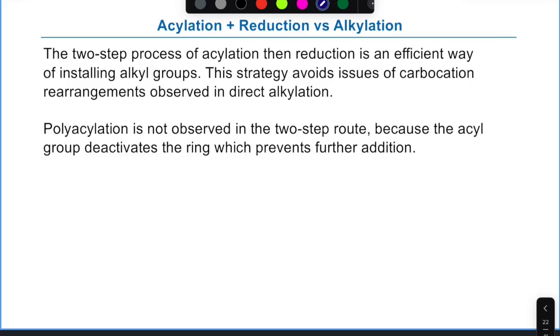And if you're worried about polyalkylation, so if you have one alkyl group and you don't want to add more around your ring, then you would want to go to acylation. So that's the one with the carbonyl, just because it's not going to undergo further acylation, and we're going to cover that later as to why.